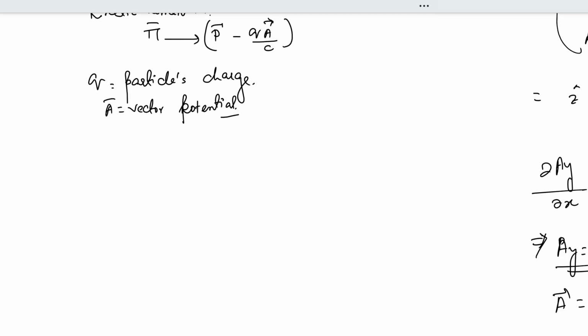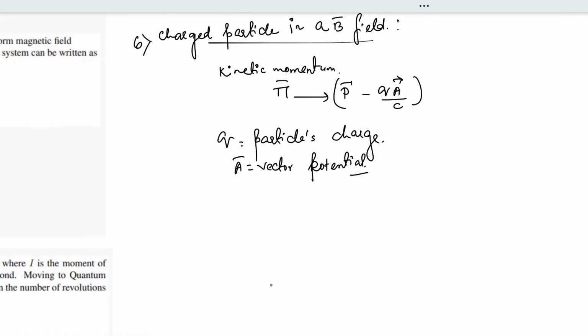Only the ay component is surviving, so this is 0, B into x, and the third component is also 0. So A vector is the vector potential. Then your pi, the kinetic momentum, which is a measurable quantity, where p is the canonical momentum, is p vector minus q A by c, and q is minus e in this case for the electron, so this is plus e A by c.